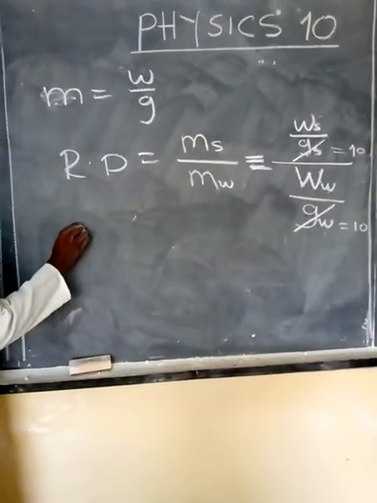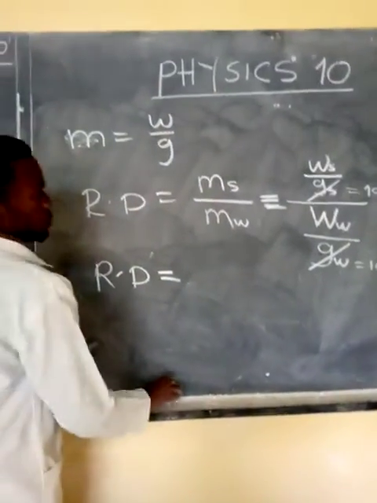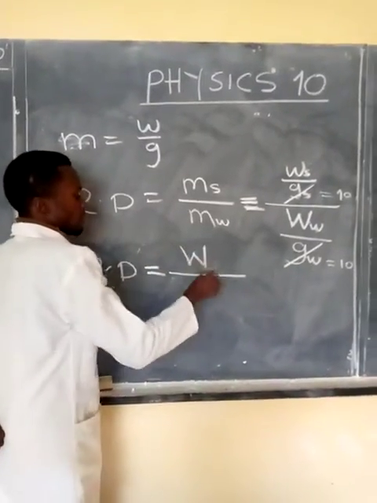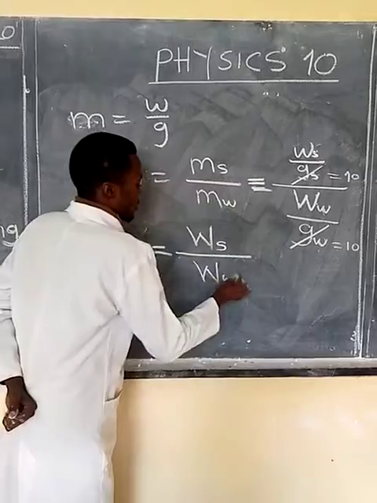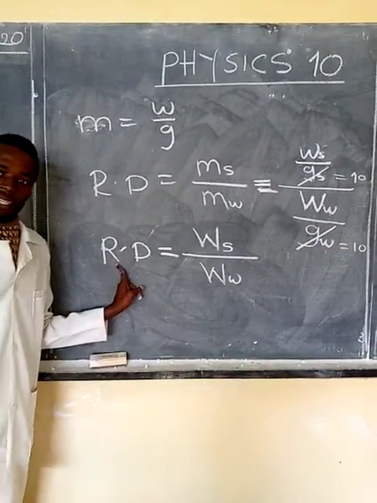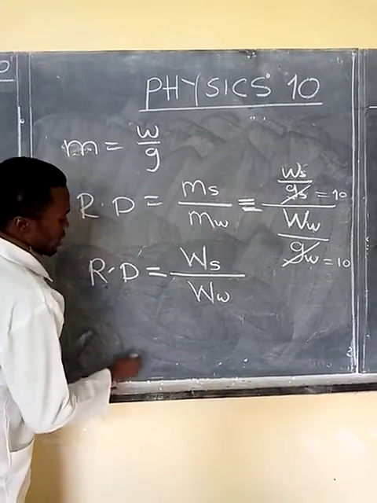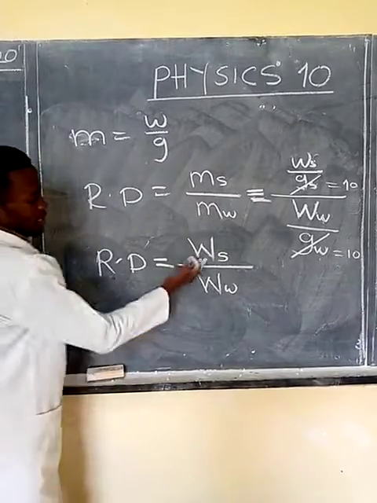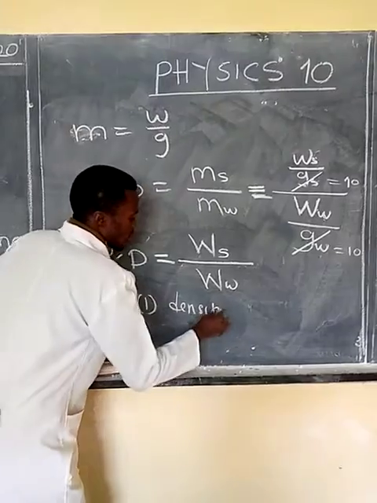So we simply say Rd is equal to the weight of a substance over the weight of water. So this is also relative density. One, it can be expressed using the density of a substance and the density of water, the actual density.